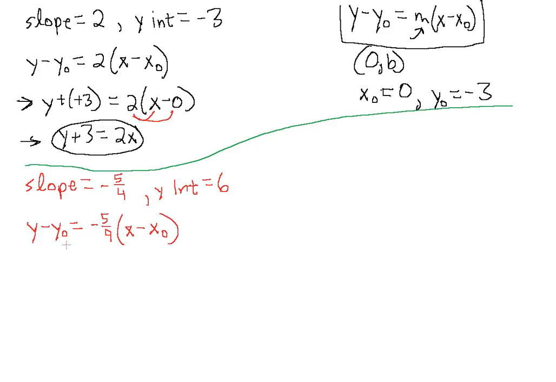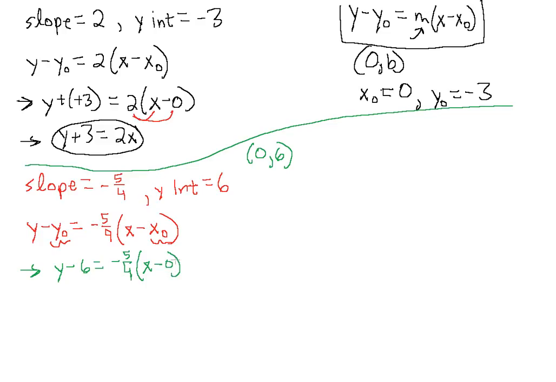Now we know y naught and x naught, because we know the y-intercept is the point 0, 6. So let's plug these into our formula. We have y minus y naught, which is 6, equals our slope, minus 5/4, times x minus x naught, which is just 0.